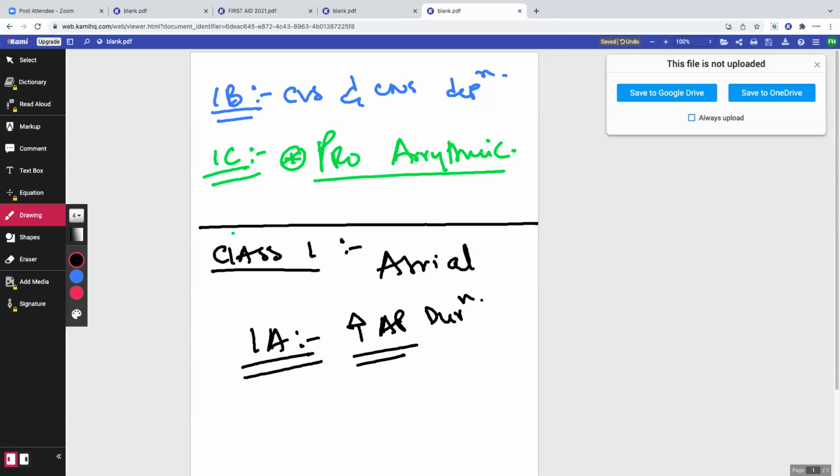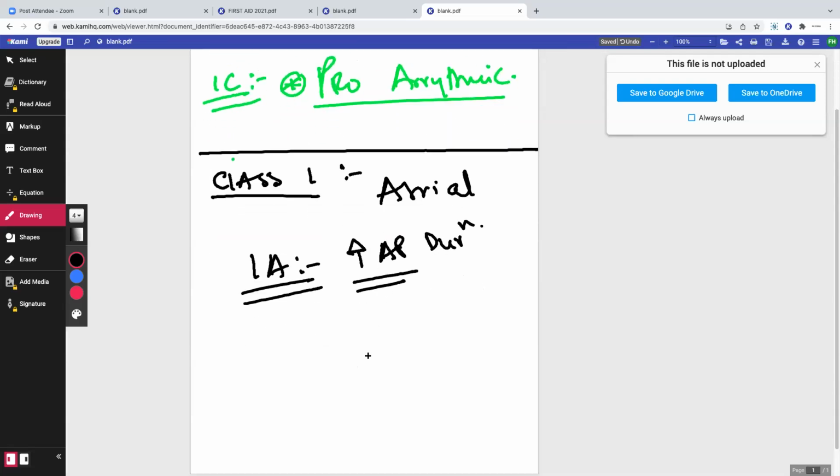When you compare the action potential duration, it increases only with class 1A, not with class 1C.